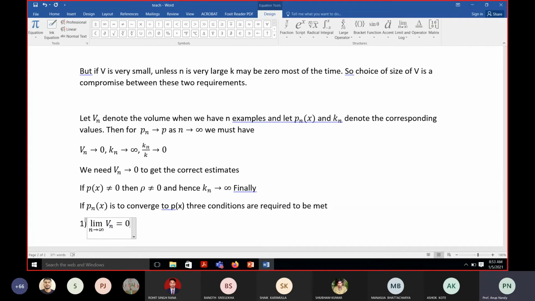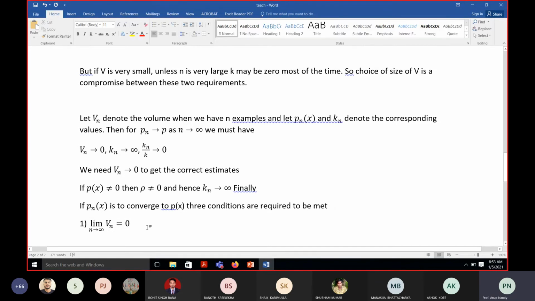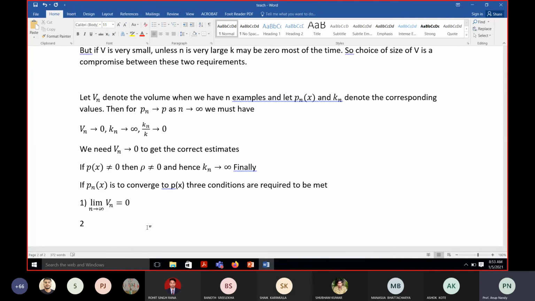Whatever I have explained is just a summarization: this functional approximation pnx has to converge to px if three conditions are met. First condition is limit n tending to infinity, Vn is equal to 0. Second, limit n tending to infinity, Kn is equal to infinity.